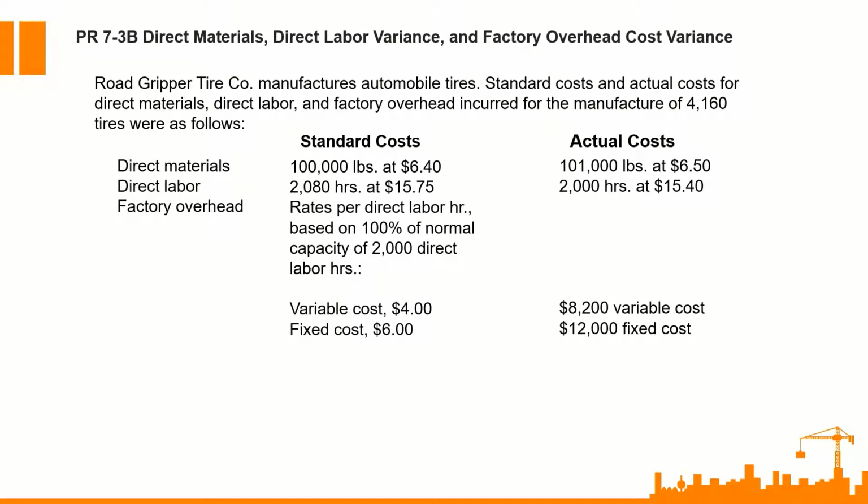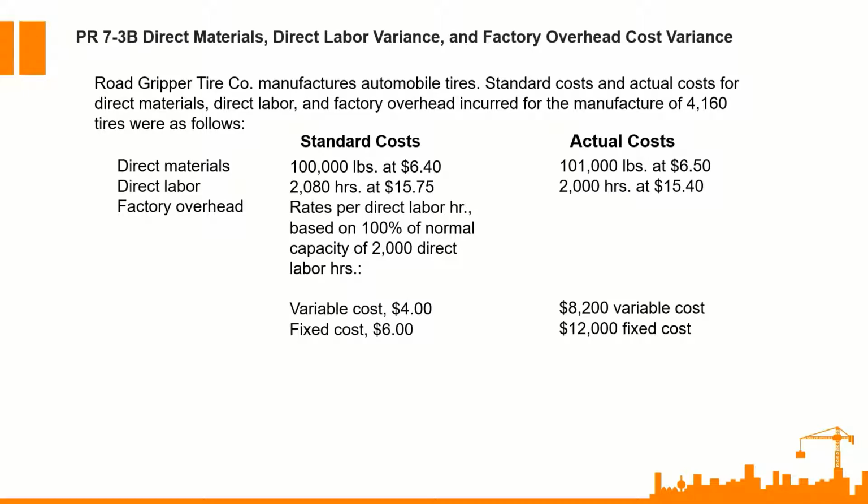Under direct materials, standard is at 100,000 pounds at $6.40, while actual is 101,000 pounds at $6.50. Direct labor is at 2,080 hours under standard at $15.75, while actual is 2,000 hours at $15.40.